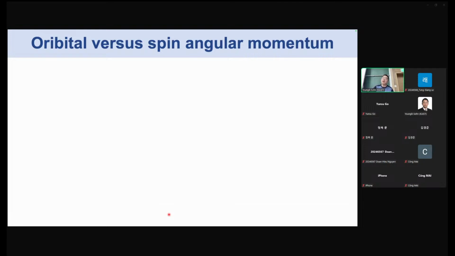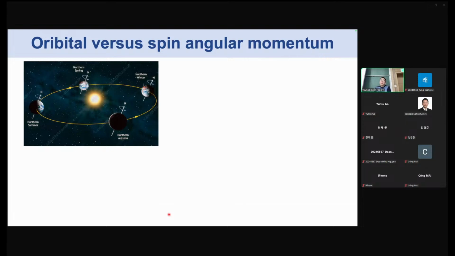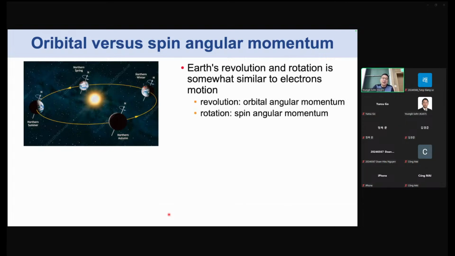It's just a metaphor. To give you an orbital angular momentum and spin angular momentum metaphor, the solar system is the best example. The Earth is going around the sun, like this, that's an orbital angular momentum. But at the same time, we have night and day, a 24-hour period. That's this spinning, right? The rotation of the Earth is like a spin.